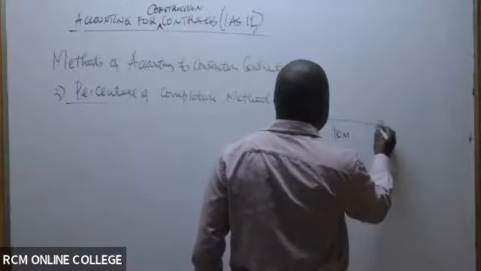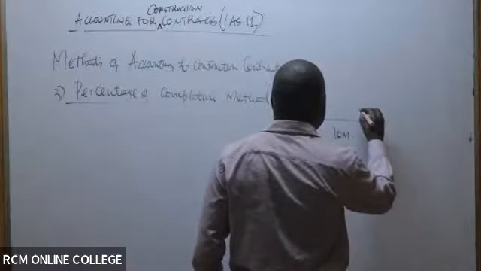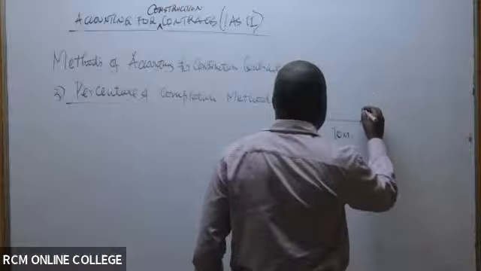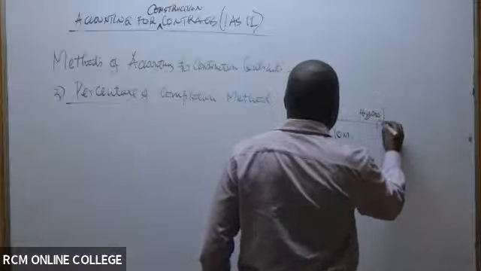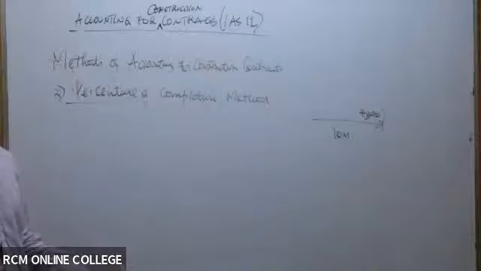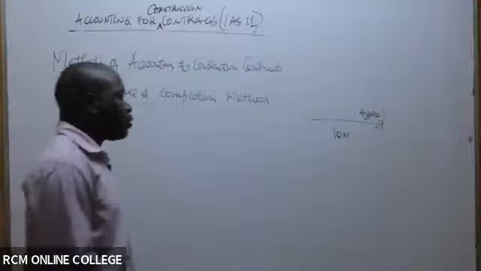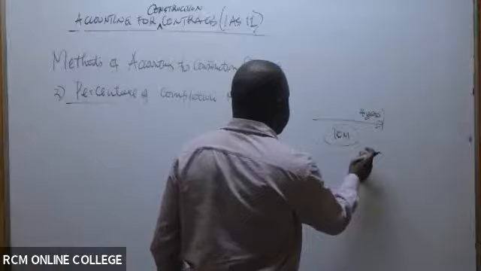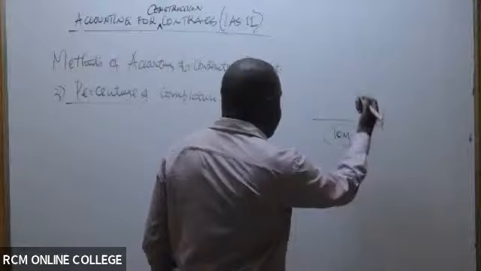The road is expected to take, let's say, 4 years. That is the construction project. And of course, you already know the costs: the total cost to undertake the construction of the road is 10 million.